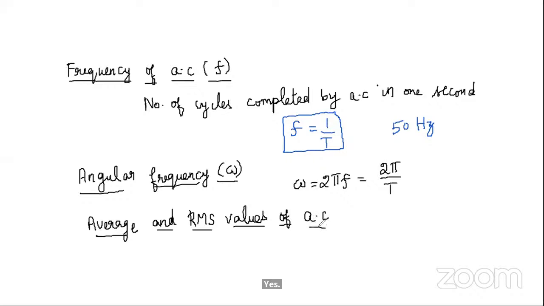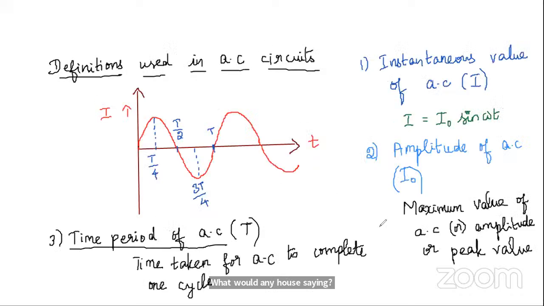What is meant by average value or mean value? Over any half cycle, that means either positive or negative, you can see, this is one half cycle.